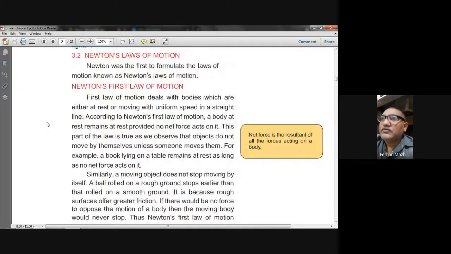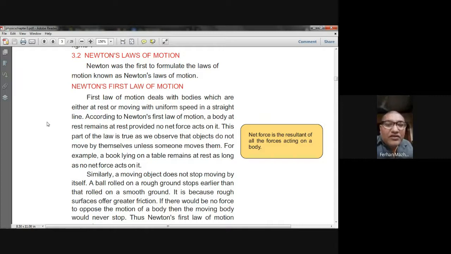Okay. So Newton's laws of motion. Newton was the first to formulate the laws of motion, known as Newton's laws of motion. The first law is very simple. The first law says that if a body is at rest, and there is no net force acting, or no unbalanced force acting, the body at rest will remain at rest.